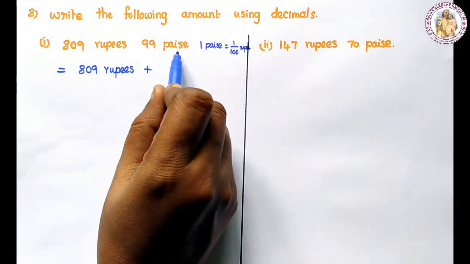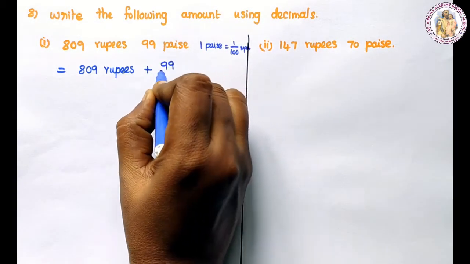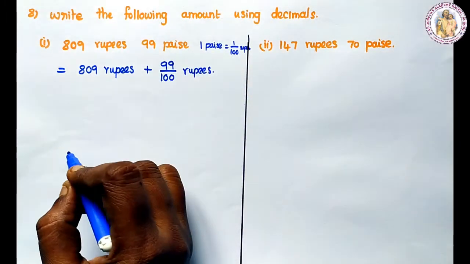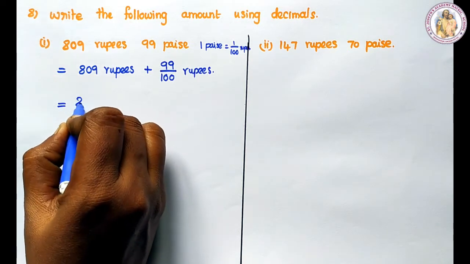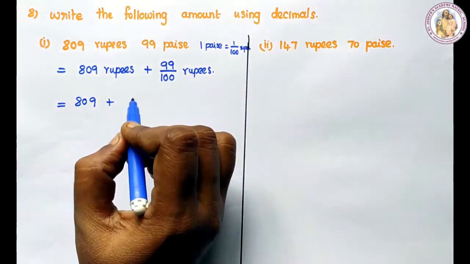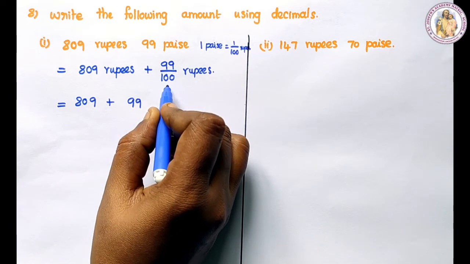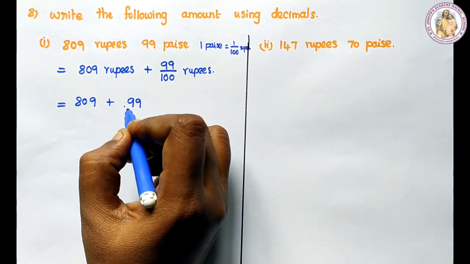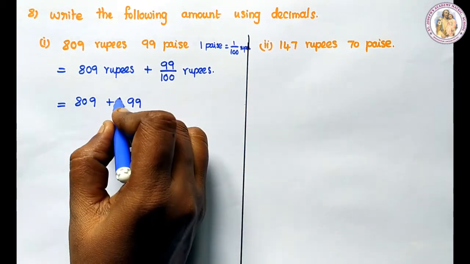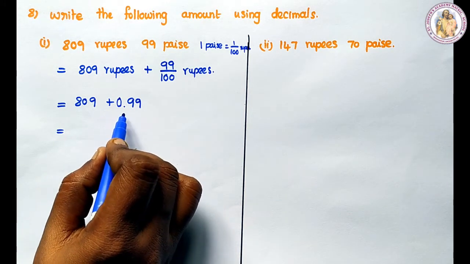So we have to change in rupees. So 99 divided by 100 rupees. So 809 plus 99 by 100 means 99. Here denominator 2 zeros. So before 2 digit we have to keep the point. Here no number is there. So put 0 for that. Now add this one, 809 plus 0.99.